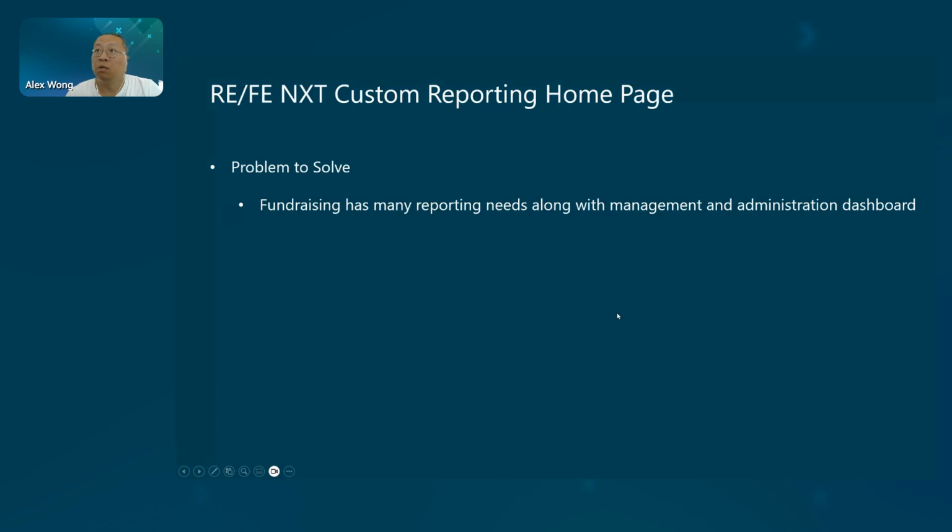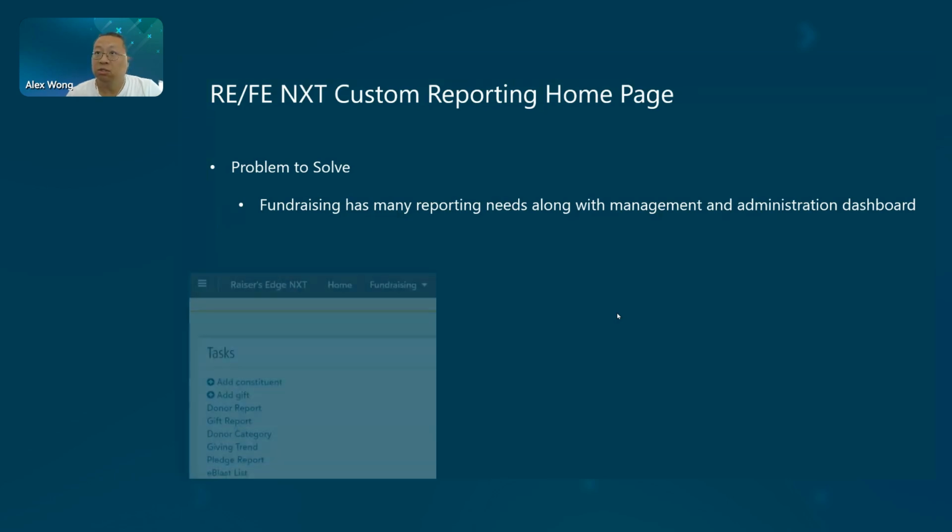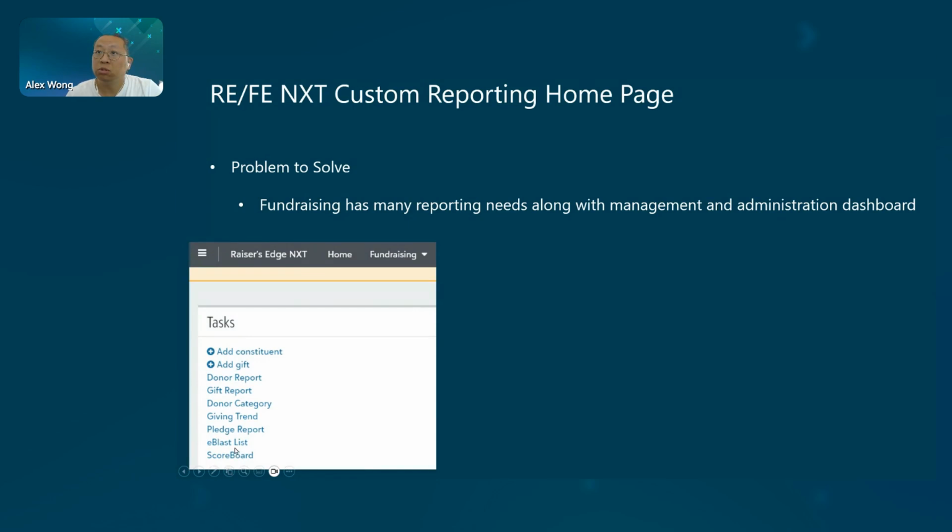What I sometimes see people do is add their reports into the homepage, in the task tile, and just list them all there. While okay for maybe a few reports, once you get into the handful, dozens of reports, it becomes a little messy and doesn't give your fundraising users a whole lot of information as to which report does what.